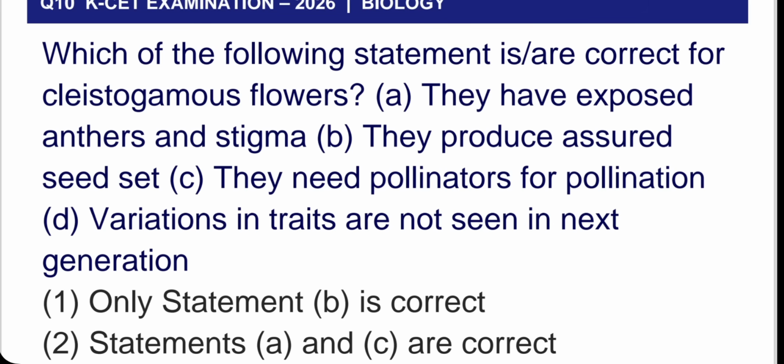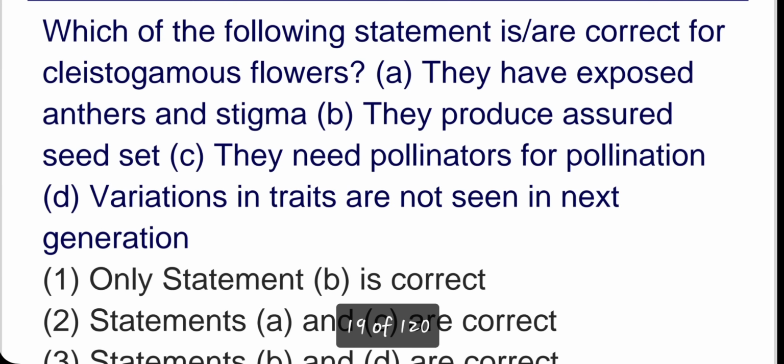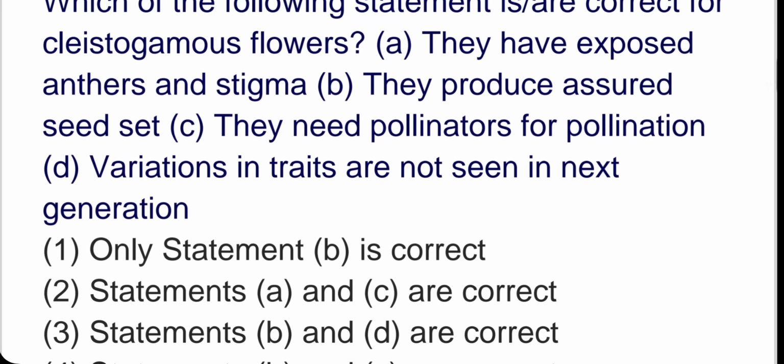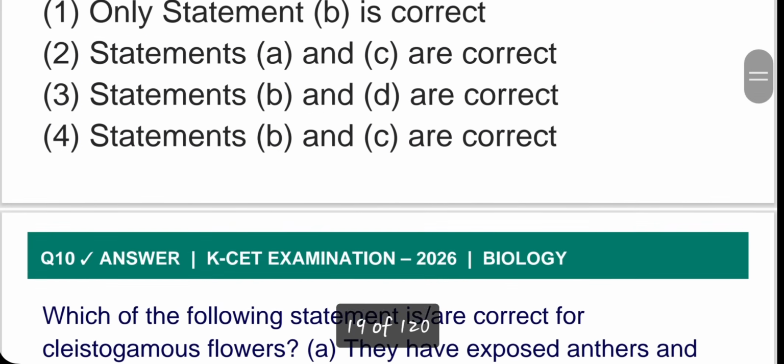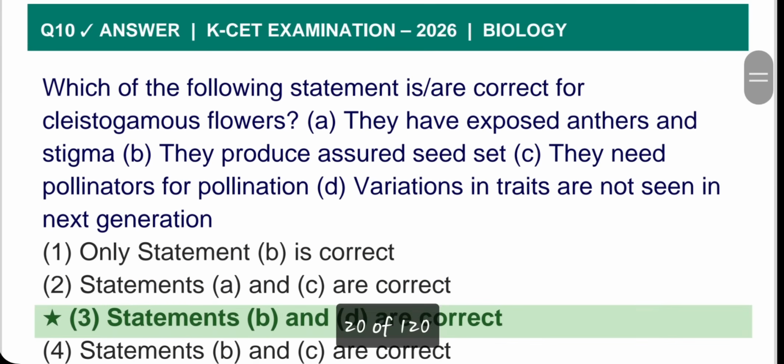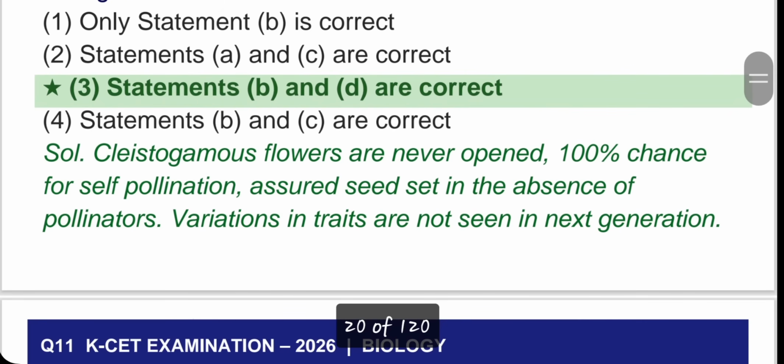So the correct statements for cleistogamous flowers are B and D. The reason is cleistogamous flowers never open, there is a 100% chance for self-pollination, and an assured seed set in the absence of pollinators. There is no variation in traits in the next generation because it is self-pollination.